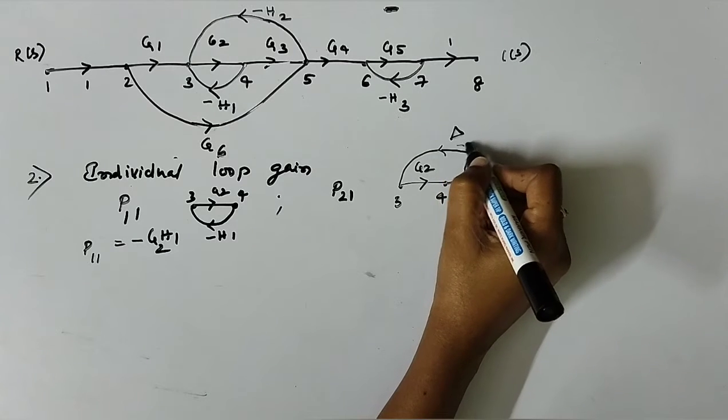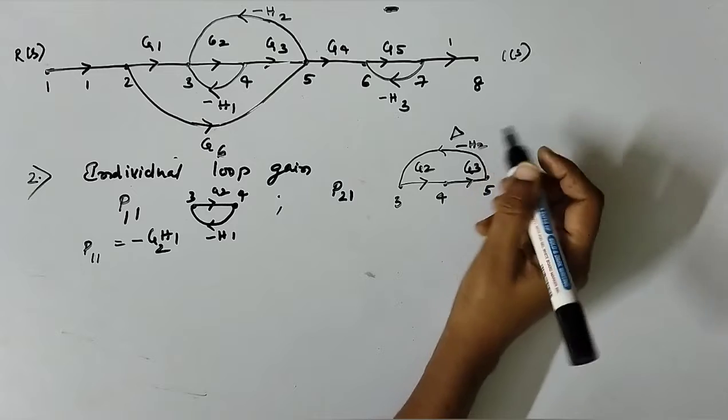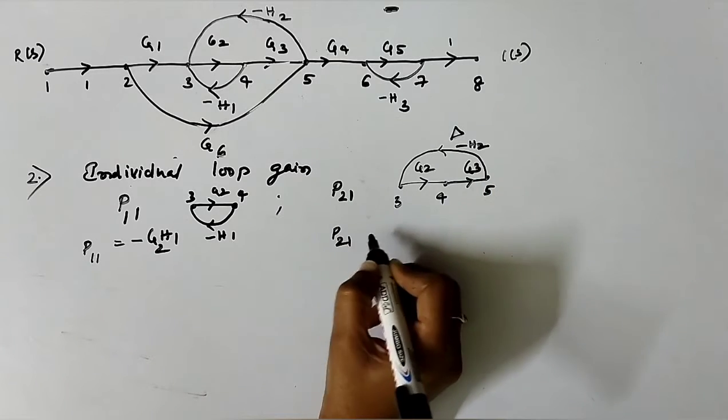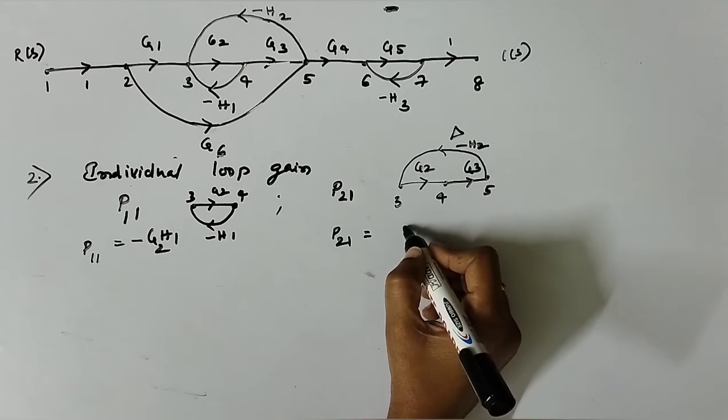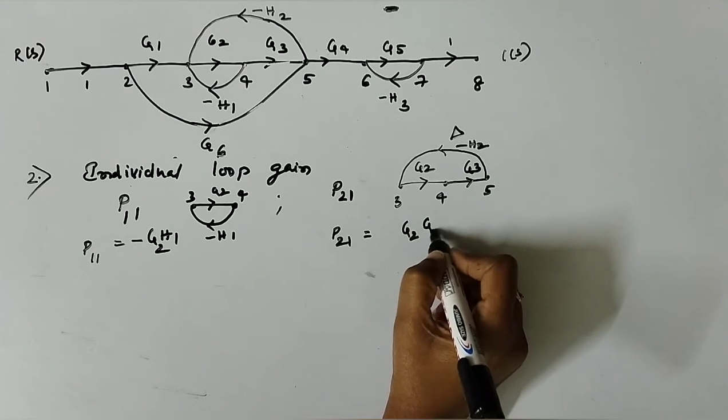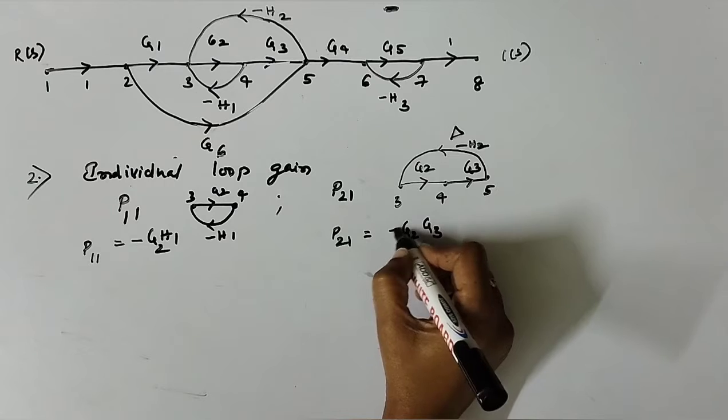The feedback is minus H2, say. P21, product of the gains of this loop, is nothing but G2 into G3 into minus H2.